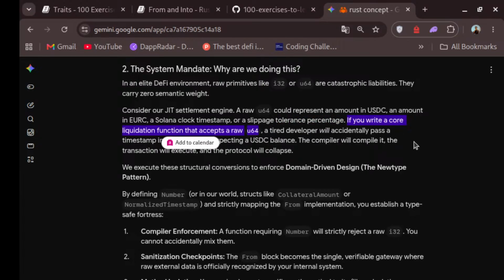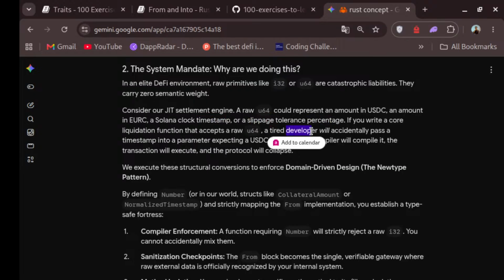If you write a core liquidation function that accepts a raw u64 and a tired developer will accidentally pass a timestamp into a parameter explicitly expecting a USDC balance, because u64 can accept timestamp, slippage, and percentage.